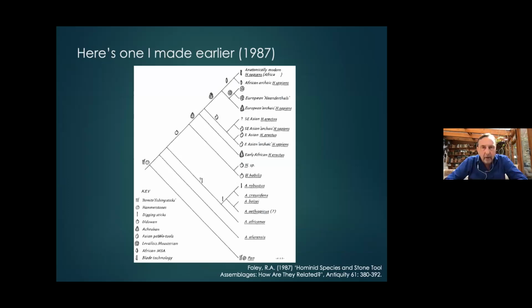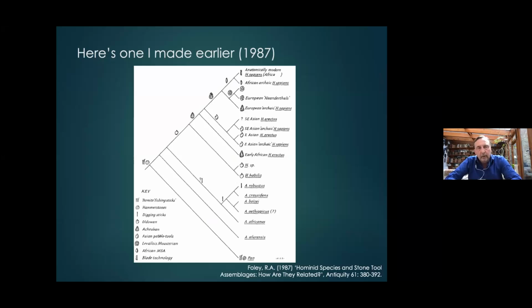This goes all the way back to 1987, a paper I published in Antiquity, which I think was received with not the greatest enthusiasm, I have to say. It was an attempt to hang the stone tools, the technology, onto hominin phylogeny. I have to remember this is considerably out of date now.